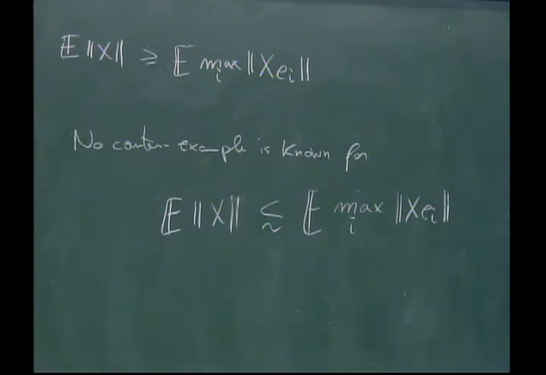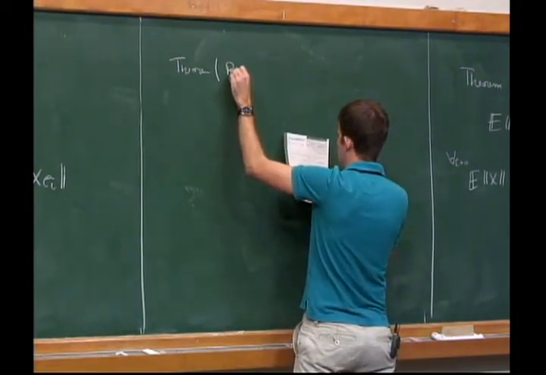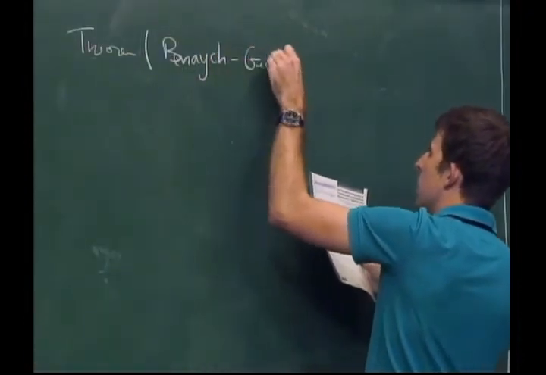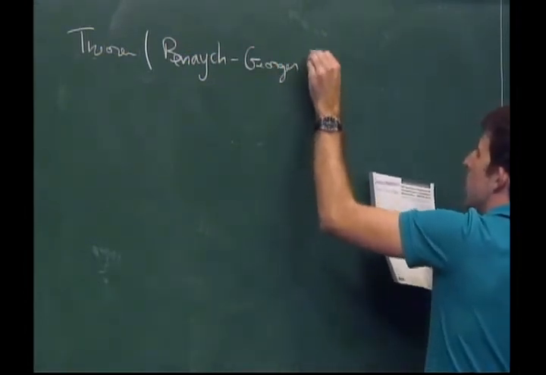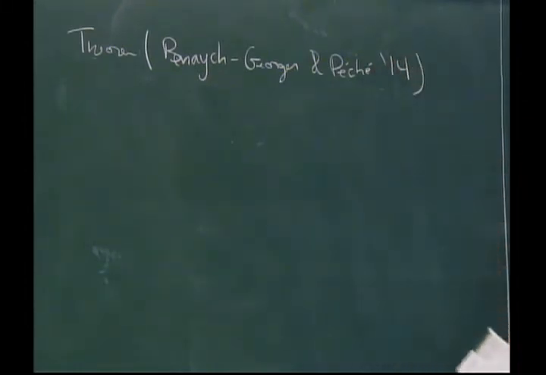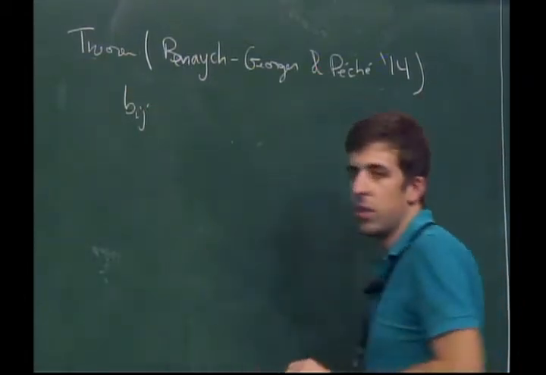Another thing that was known, so let's see, this is a theorem, quite a recent theorem. And it says, suppose that the Bij are either 0 or 1.